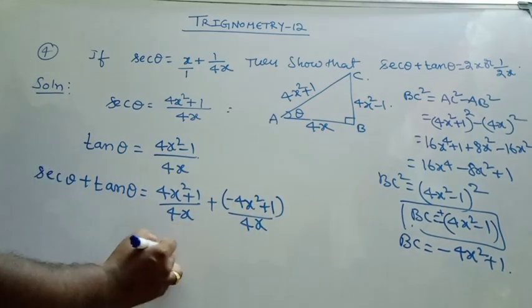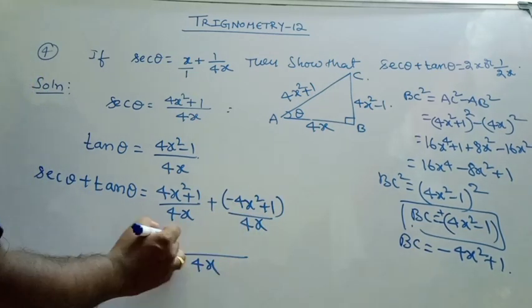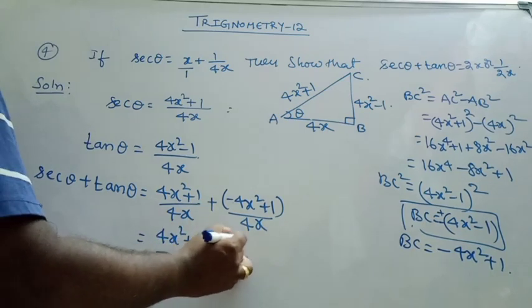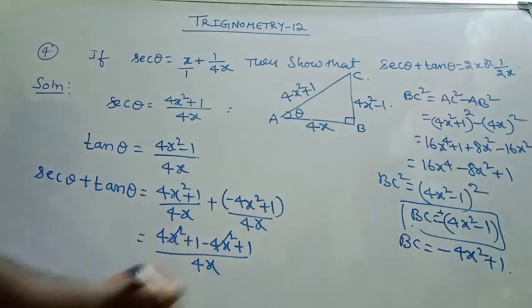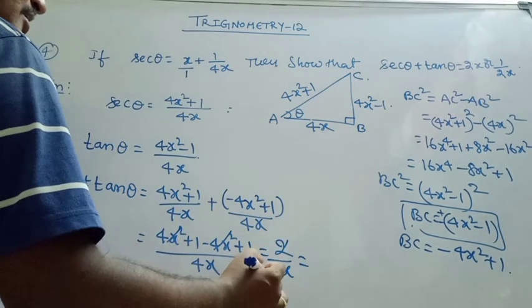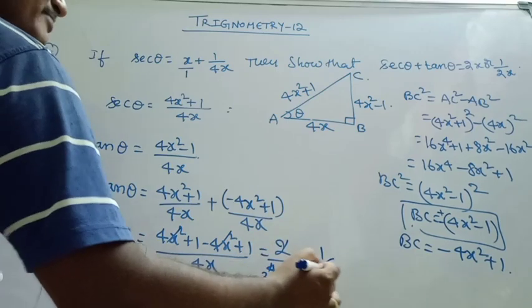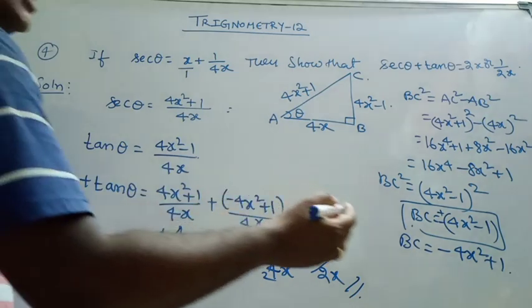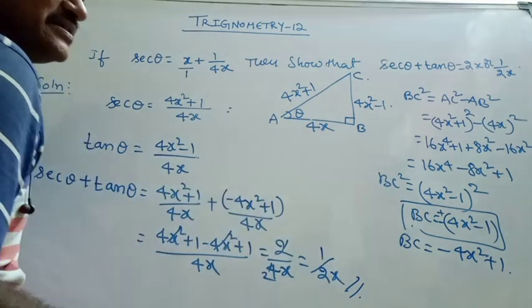Now 4x square plus 1 minus 4x square plus 1, the 4x squares cancel, leaving 2 by 4x, that is 1 by 2x. You have proved this also as 1 by 2x. When BC is taken two ways, plus or minus, right?